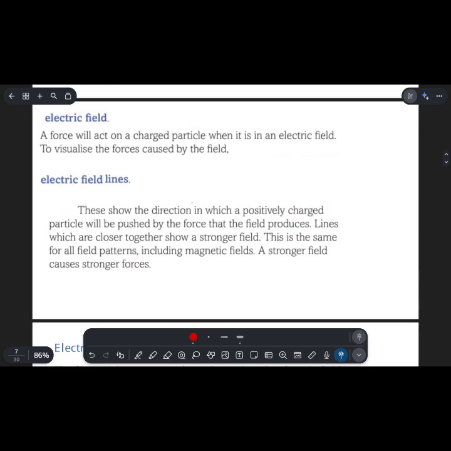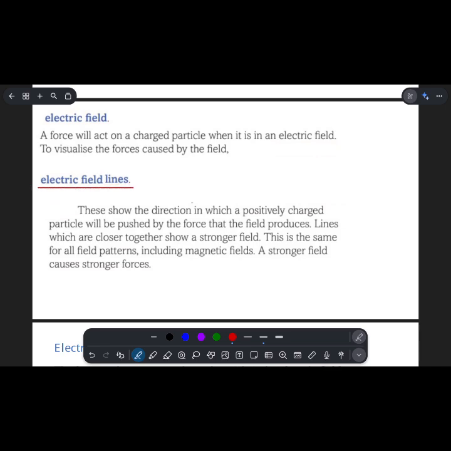Here is the statement of electric field: an electric field is a region around a charge within which it exerts a force on any other charged particle. And then we have electric field lines.